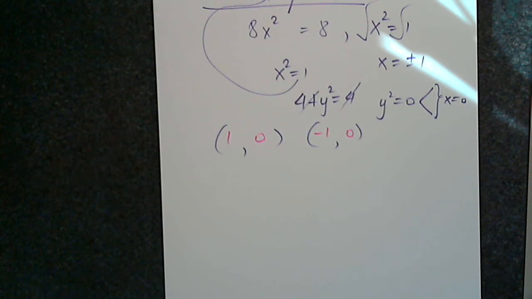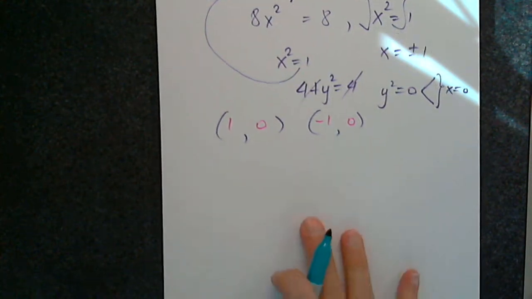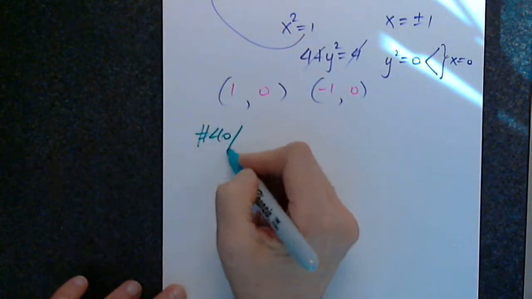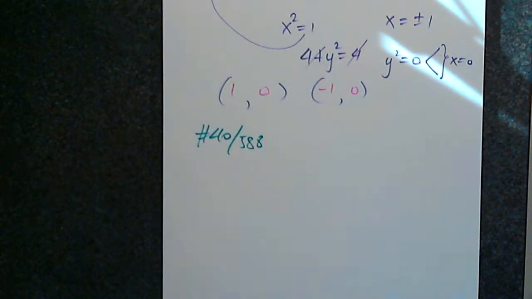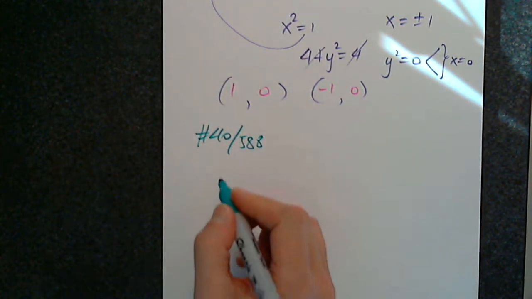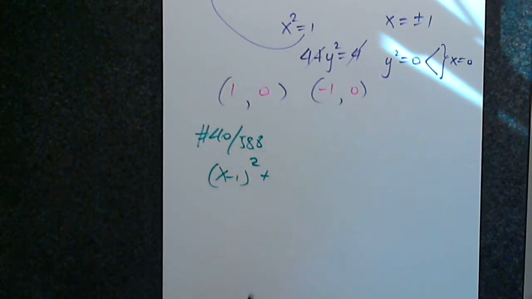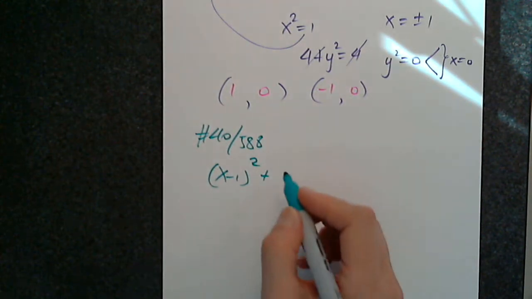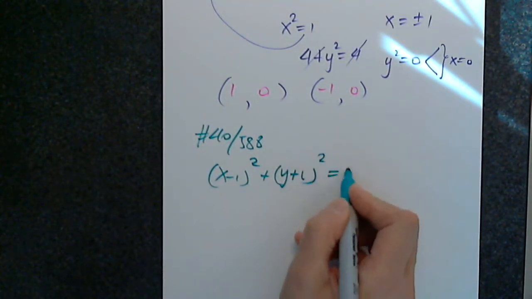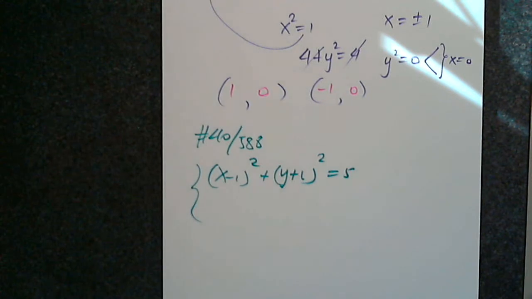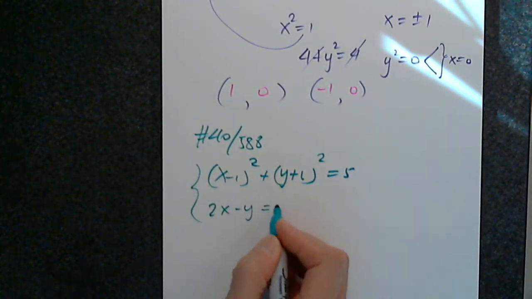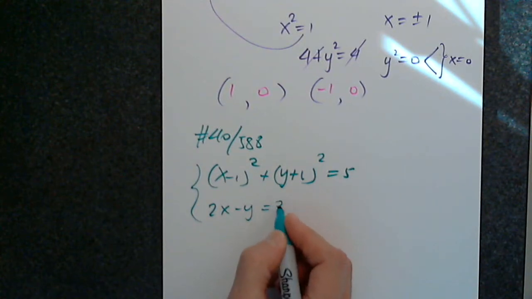Okay. What about x minus 1 squared plus y plus 1 squared equals 5? Can anyone tell us what this equation represents? Say it again.